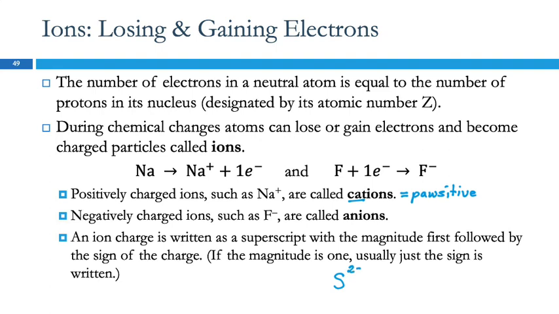And so we'll call that S2 minus instead of S minus 2. Because this looks like the variable raised to the -2 power, right? This looks like math stuff, and that's not what we're doing here. So I think the reason that the sign always comes afterwards is just to make sure it's not mistaken for an exponent.